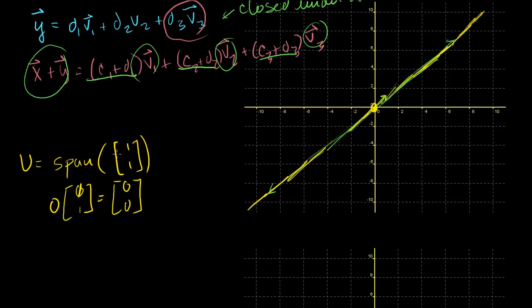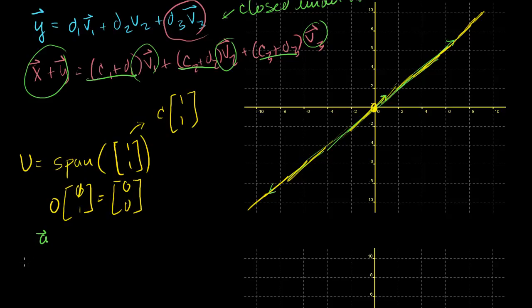Is it closed under multiplication? Well, the span is the set of all of the vectors, where if you take all of the real numbers for C and you multiply it times 1, 1, that is the span. So clearly, you multiply this times anything, it's going to equal another thing that's definitely in your span. Now the last thing, is it closed under addition? So any two vectors in the span, let's say that I have one vector A that's in my span.